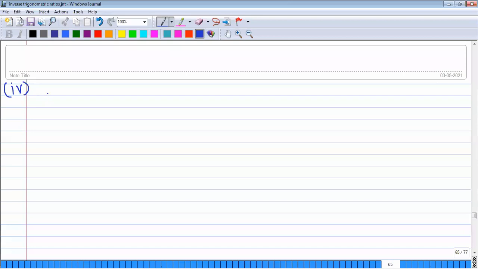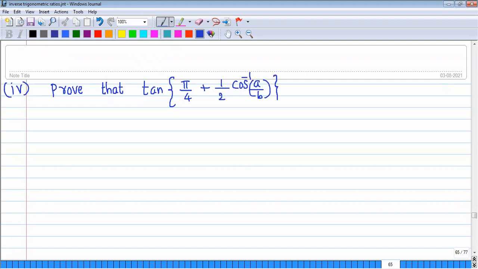Fourth question. Prove that tan of pi by 4 plus cos inverse A by B plus tan of pi by 4 minus cos inverse A by B. It's a very interesting question.